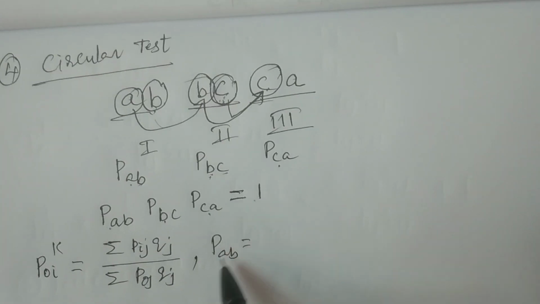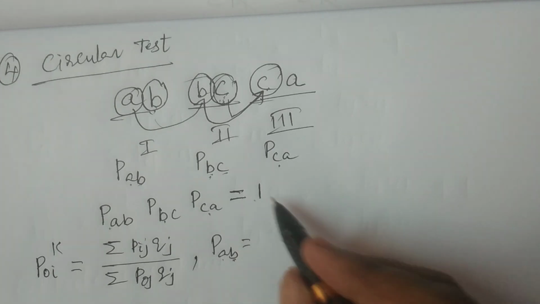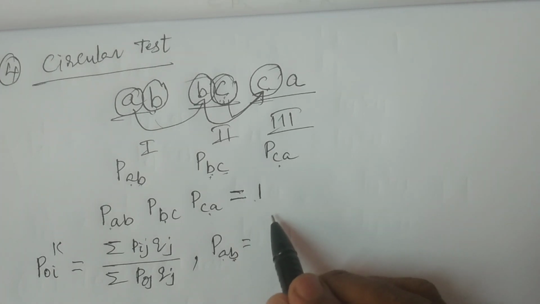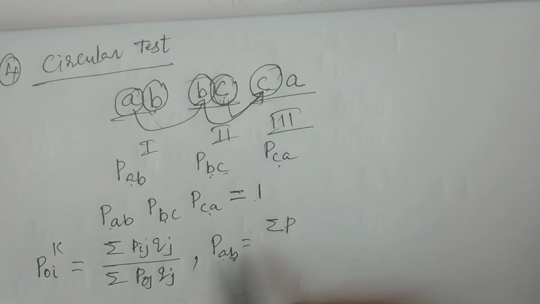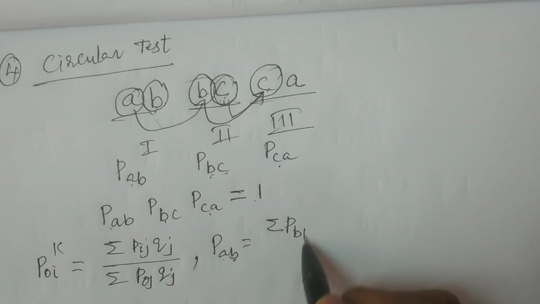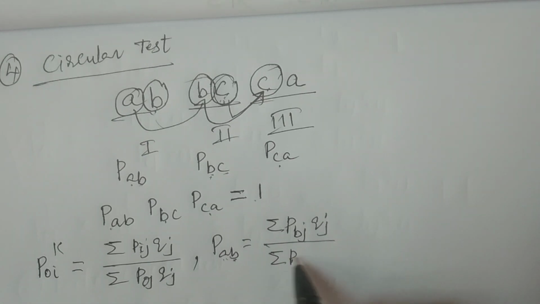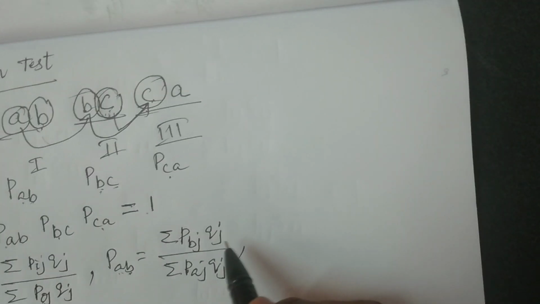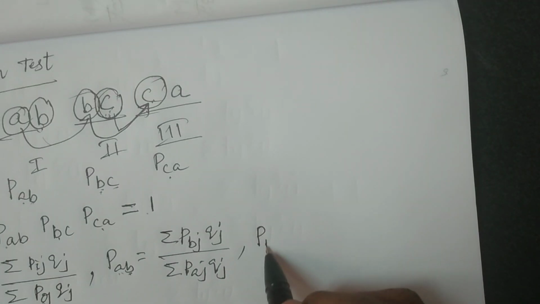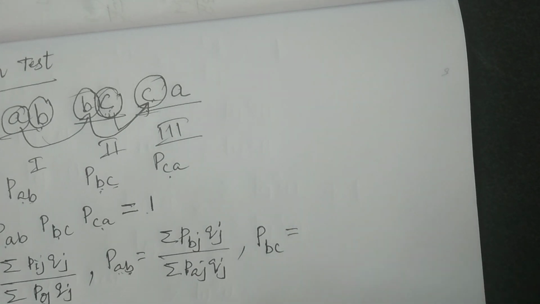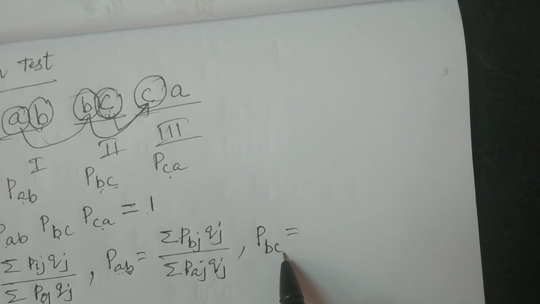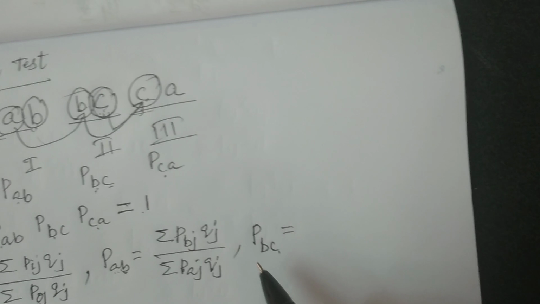For this I am writing the formula values, that is PAB, where the base period is A and the current period is B. The index number for B is calculated by summation of the current period B, PBj Qj, divided by summation of the base period A, PAj Qj. Similarly, now you interchange for PBC. B is the base period, C is the other period.